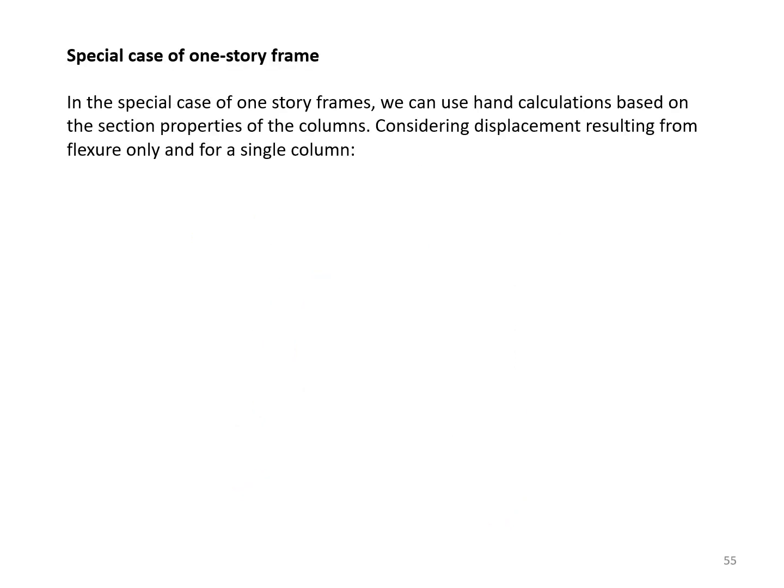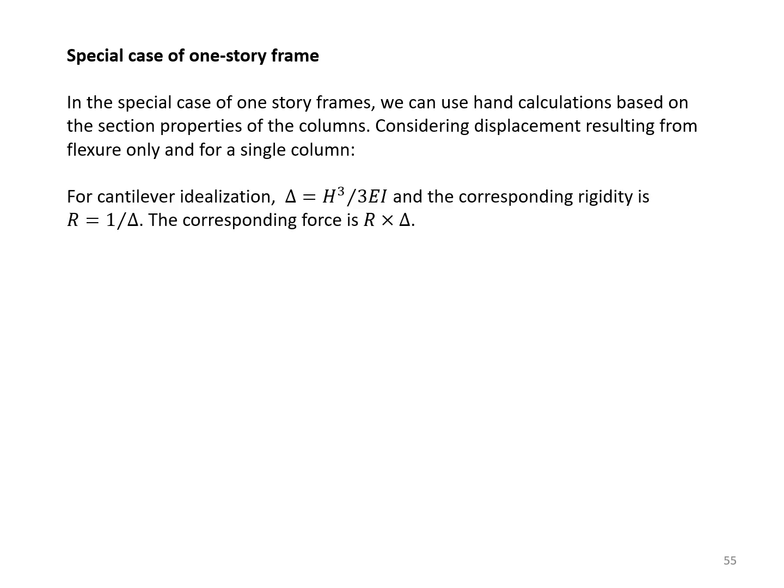All right, in this case, let's just consider displacement when we only have one column. Let's look at one column only. If it is a cantilever idealization, it is h cubed divided by 3EI, where h is the height of the column, I is the moment of inertia, and E is the modulus of elasticity.